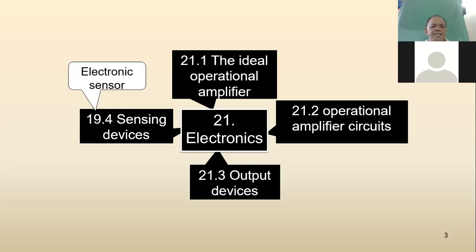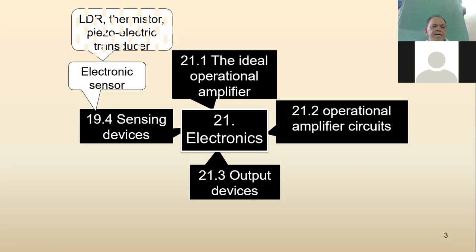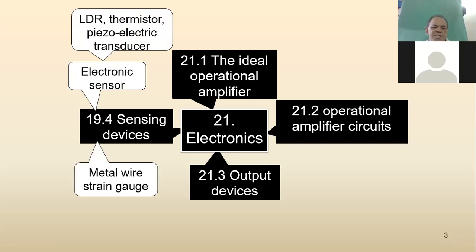So basically, under sensing devices, we look at electronic sensors: LDR, thermistor, piezoelectric transducer, and metal wire strain gauge. Under the ideal operational amplifier, we look at the operational amplifier as a comparator.